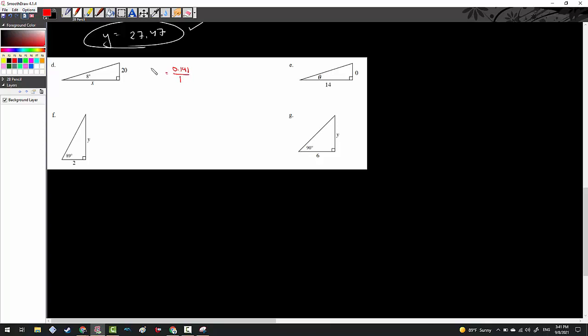I'm going to equate it to the rise over the run of this particular triangle, and again, it's just similar triangles. So 20 is equal to 0.141x. If I divide by 0.141, I get x equals 142.86. And that's how much the run is. Again, I'm just comparing these things to the resource page values here.